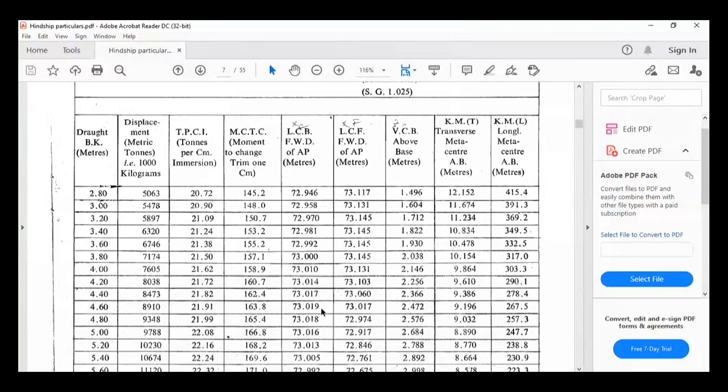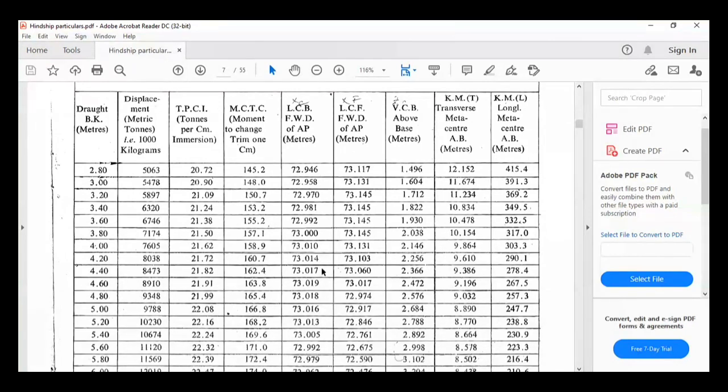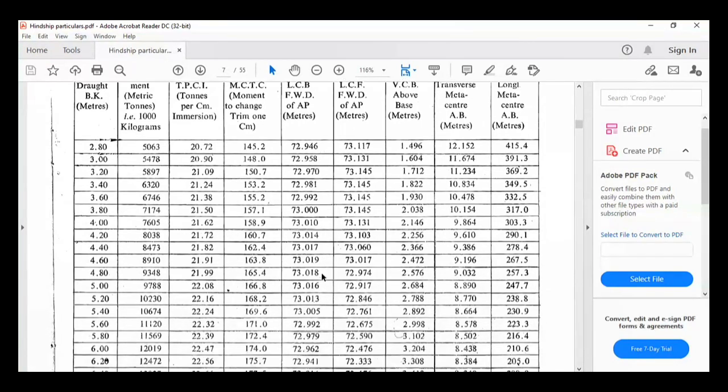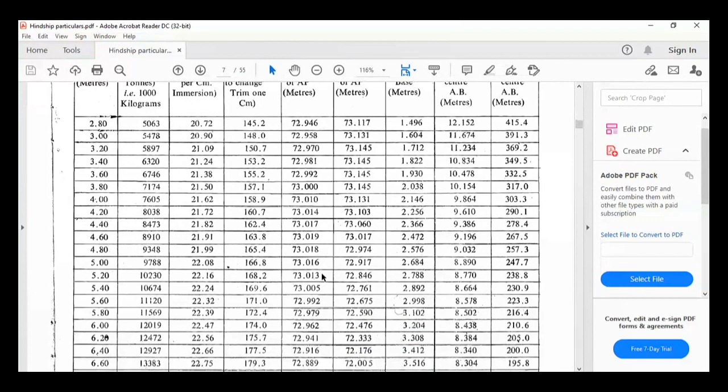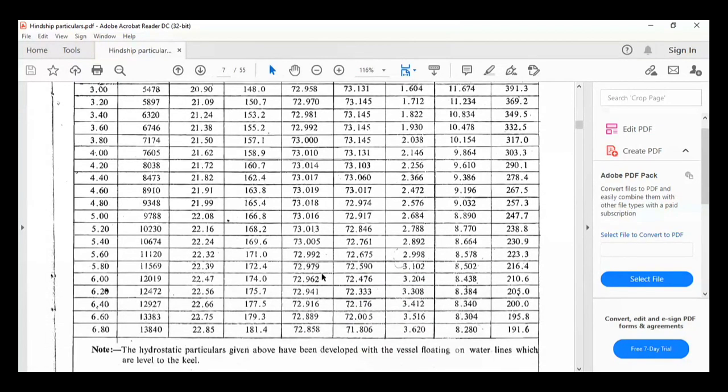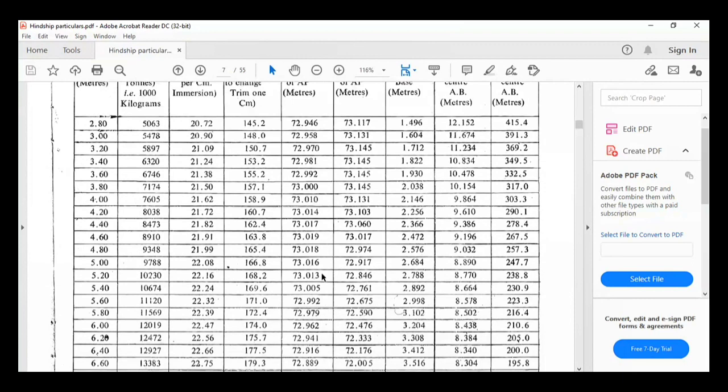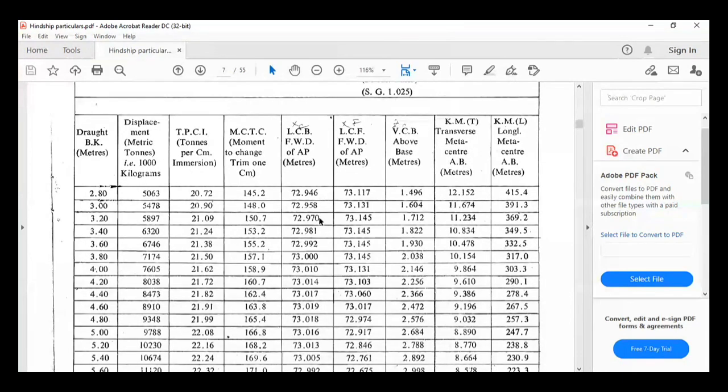Then at 4.6, it starts to decrease, and then continuously keeps on decreasing. Now look at LCF. LCF is increasing. Then after 3.8, the LCF starts to decrease.